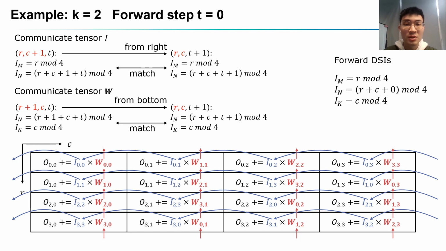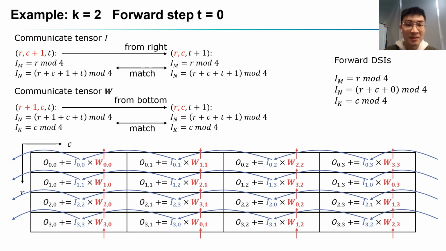The initial tensor distribution of O, I, W can be computed via evaluating forward DSIs with t equals 0. We determine the communication pattern by checking which device back at time t was holding the part of the tensor that device RC needs at time t plus 1.